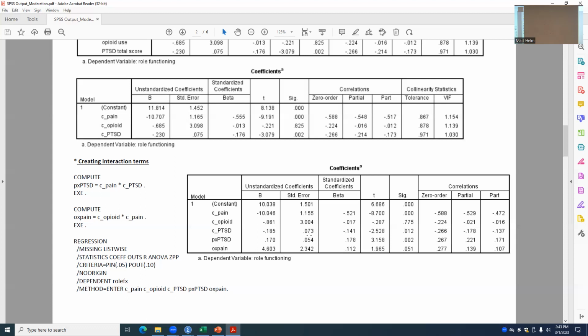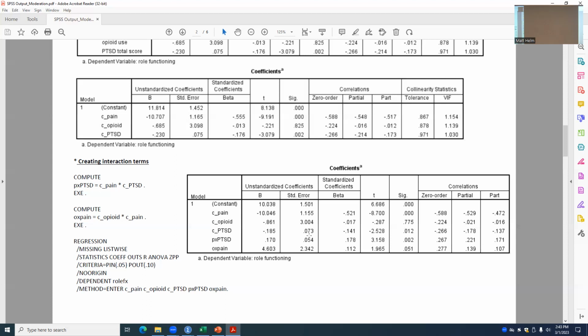Yep, they're going to be shifting around, right? Because now we're talking about the unique effect of pain on role functioning for a different level of PTSD. And because we have decent evidence for an interaction here, we know that the effect of pain on role functioning depends on PTSD, and the effect of PTSD on role functioning depends on pain. We've tied these two things together, so I can't talk about one without knowing something about the other.